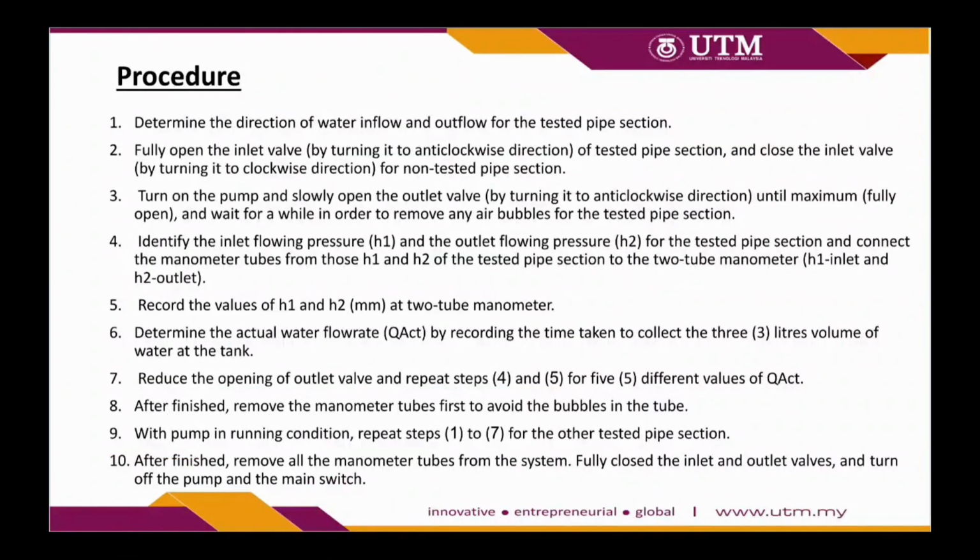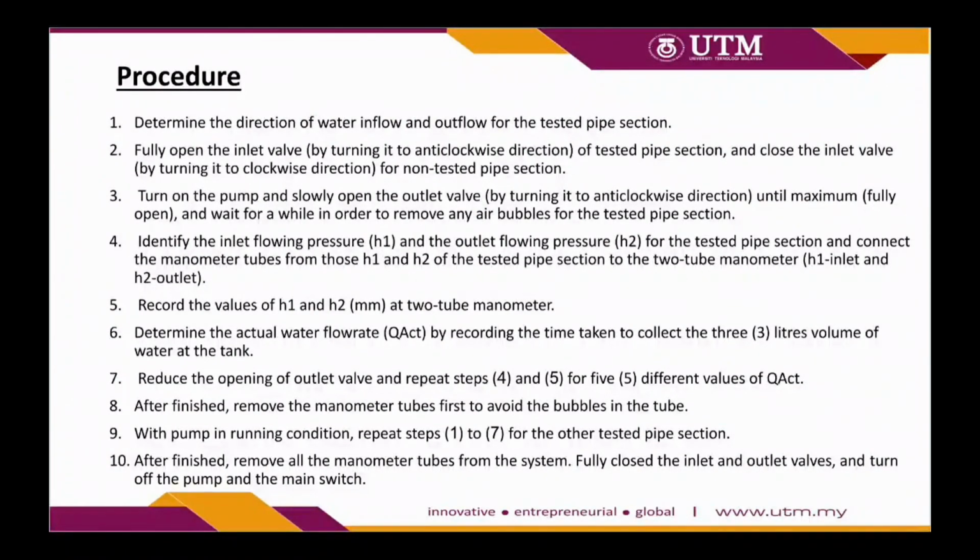The procedure of this experiment: First, determine the duration of water inflow and outflow for the test pipe section. 2. Fully open the inlet valve by turning it anticlockwise for the test pipe section, and close the inlet valve by turning it clockwise for the test pipe section. 3.